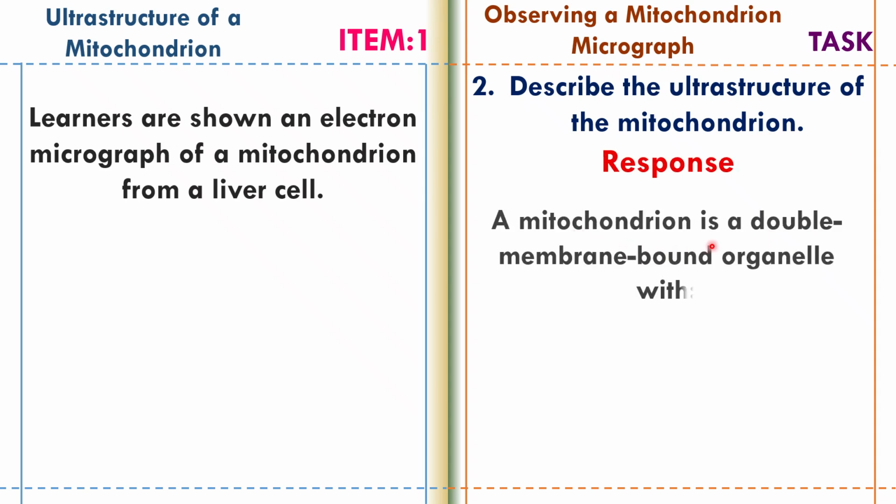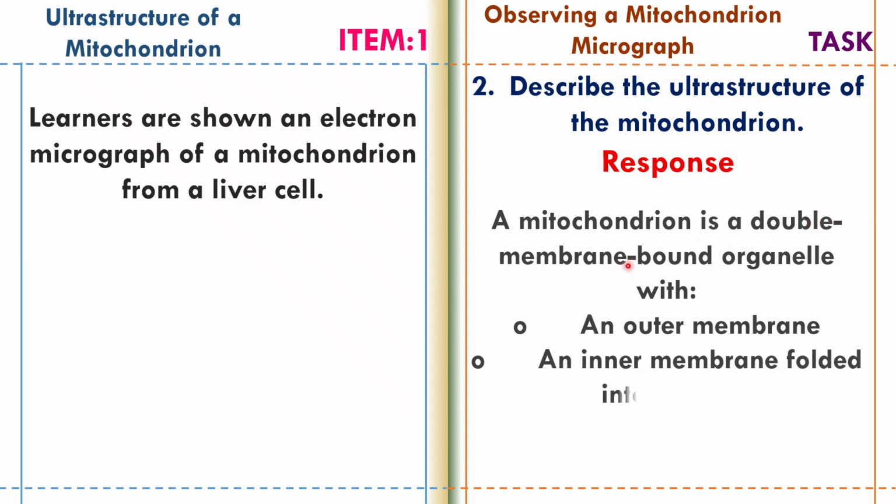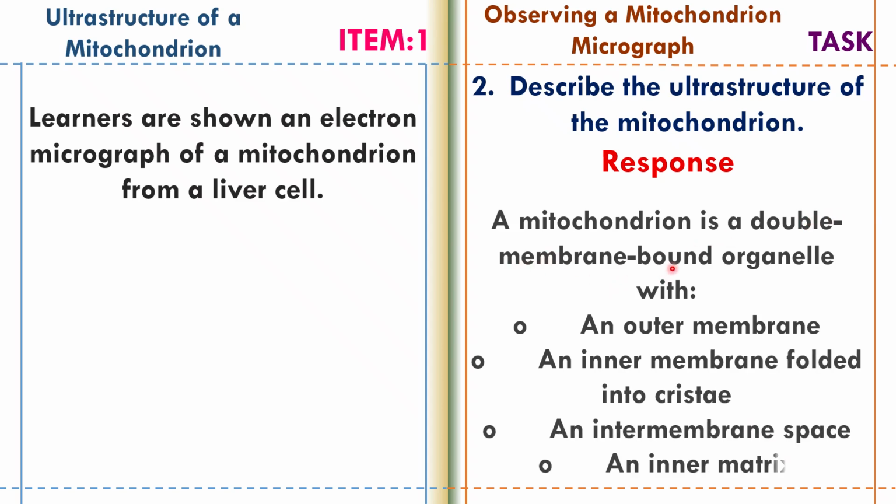A mitochondrion is a double membrane bound organelle with an outer membrane, an inner membrane folded into cristae, an intermembrane space, and an inner matrix.